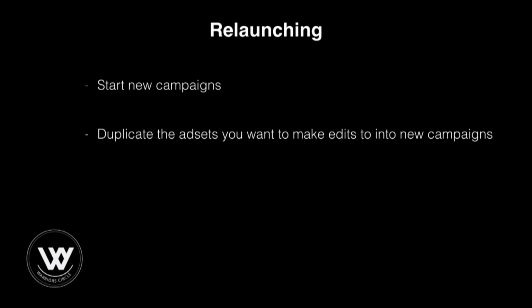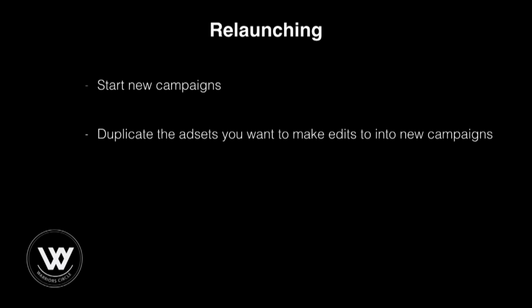Okay, so again, just to simplify this, all you're doing is you're looking through your data for Instagram versus Facebook, and you're seeing which ones are dominating. If Instagram is dominating on one of your campaigns or ad sets, for example, then you're going to want to duplicate that ad set, and it's going to connect with your ads on that particular campaign.